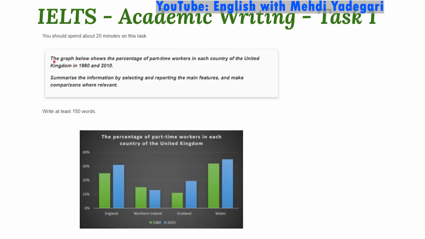You can write, for example, the given illustration gives data on the percentage of part-time employees instead of workers in each country or in each nation of the United Kingdom, for example, in 1980 and 2010. So it's basically an adequate paraphrasing of what has been given here.